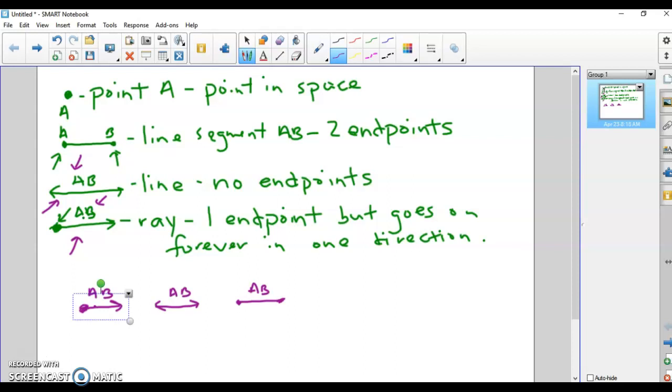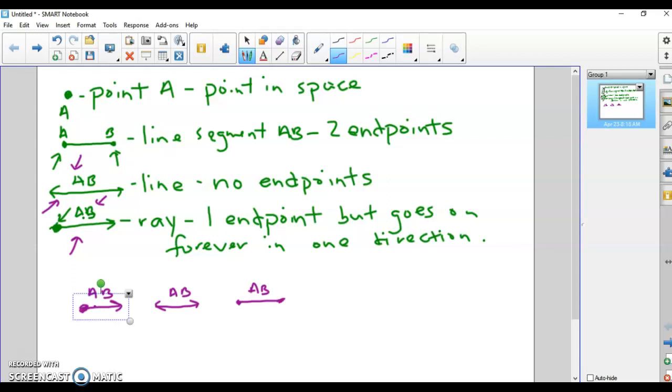All right, so again, to sum up, a point is just a point in space. You can give it any name, whatever letter it comes with. A line segment has two endpoints. It starts with an endpoint and then goes on for a while, but then has to end with another endpoint. It does not go on forever.